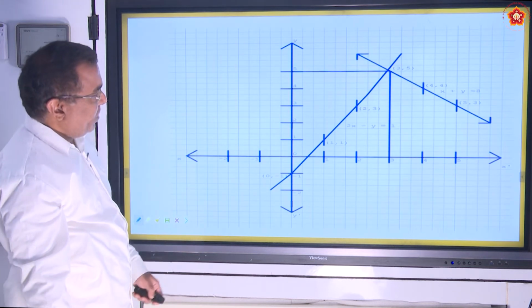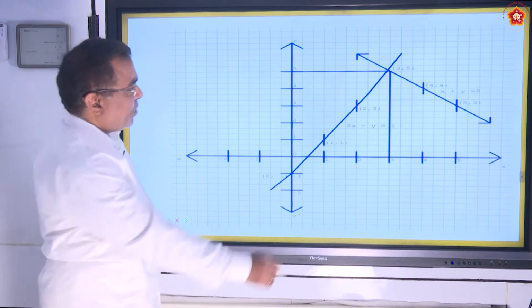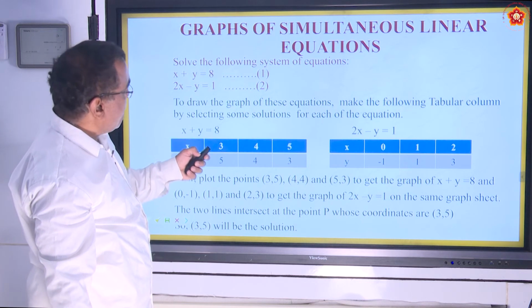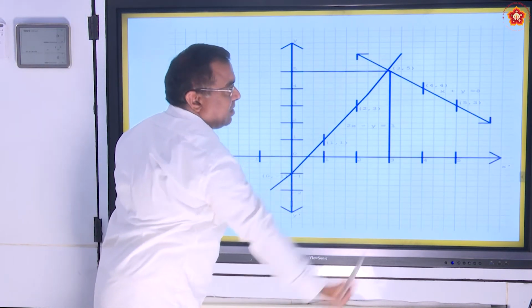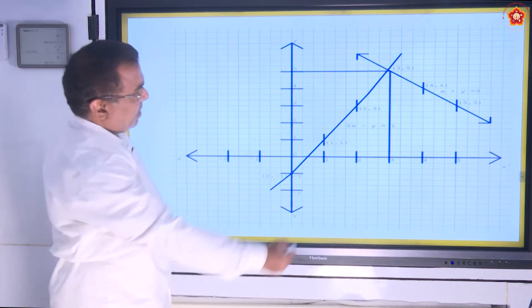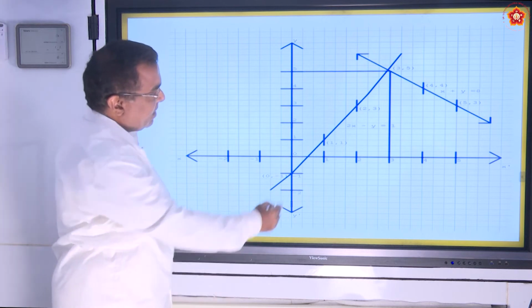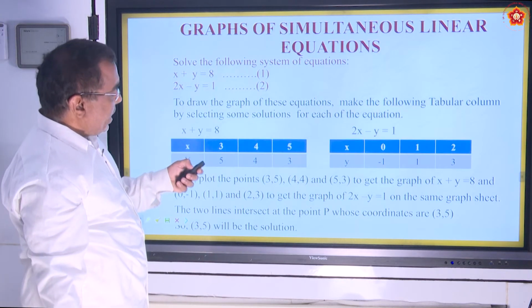Yes, this is the graph for the first one and the second one. The first one was x plus y equals 8, with the respective coordinates, and this is the graph. Always you will get a straight line. This is the graph of the second equation, 2x minus y equals 1.